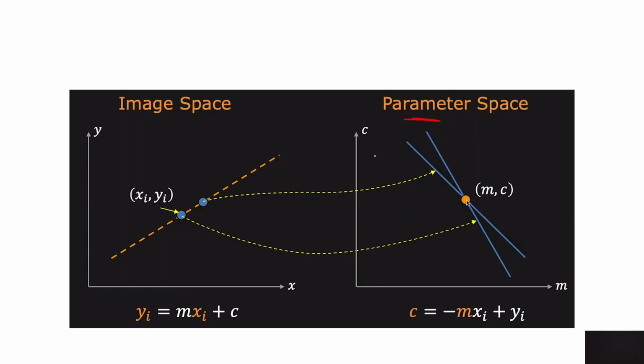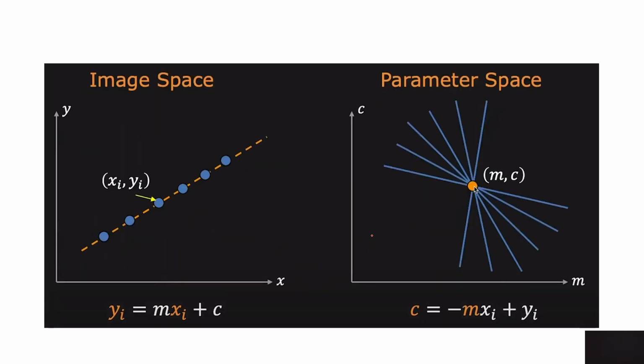But there is a pattern that says all these lines pass through this point. All these lines should pass through this point. Again, like this, you can see this point. So now this is the basic intuition behind the Hough transform.